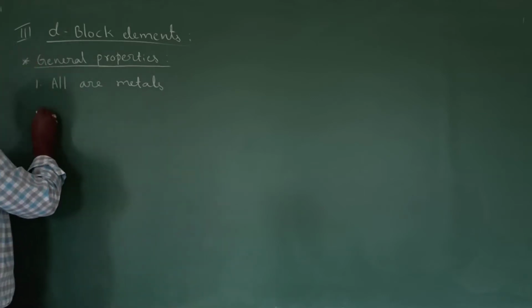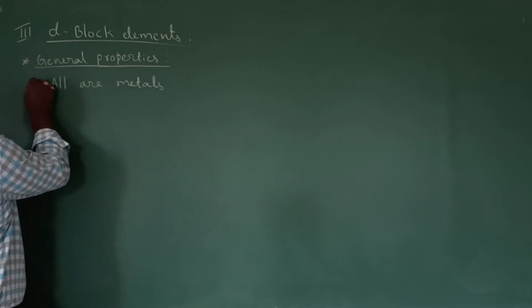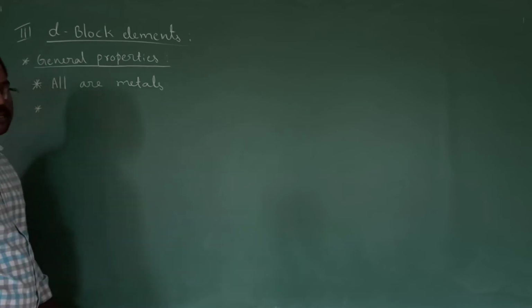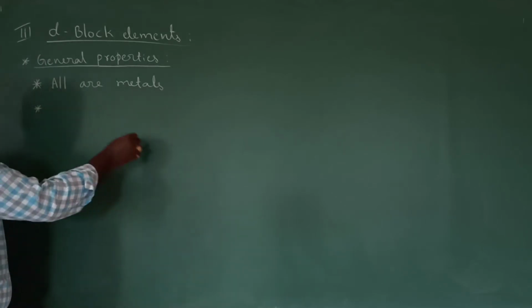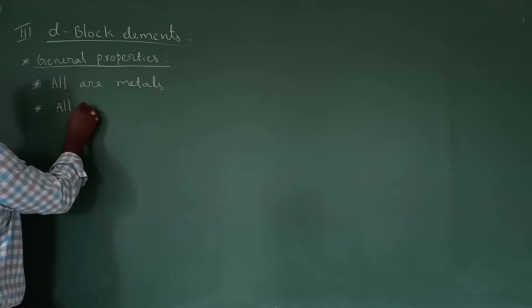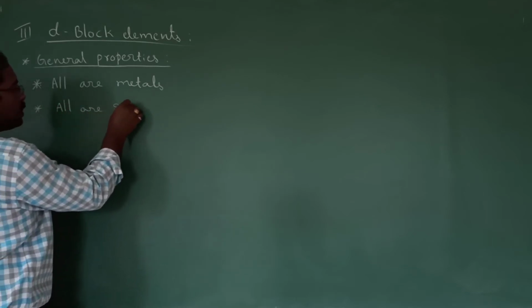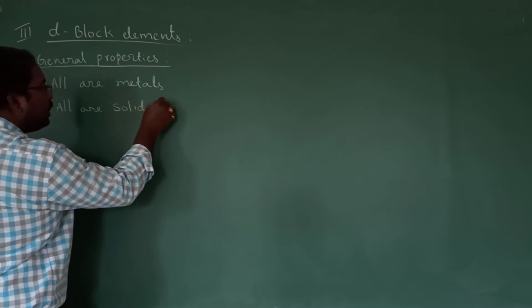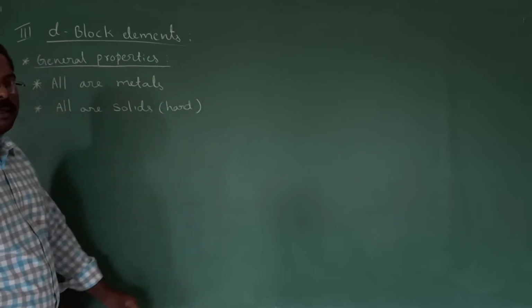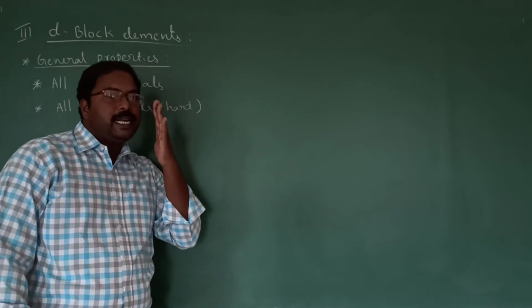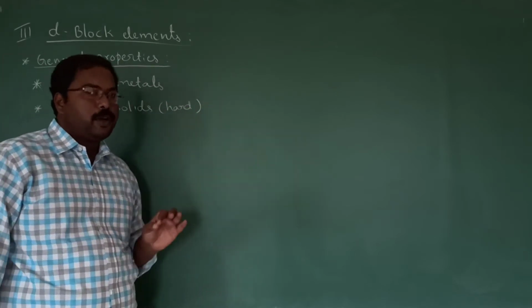If all are metals, what about their physical state? Generally metals means solids. But coming to this D block, all these are solids. Even these are hard when compared to S block. Because in the case of S block, you wrote it as soft solids.